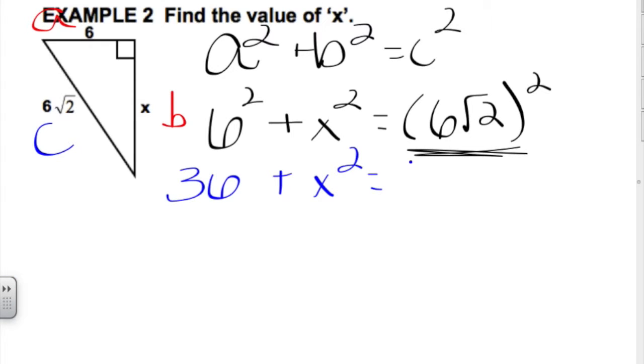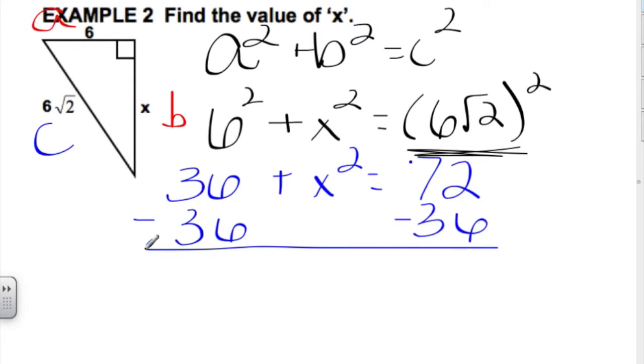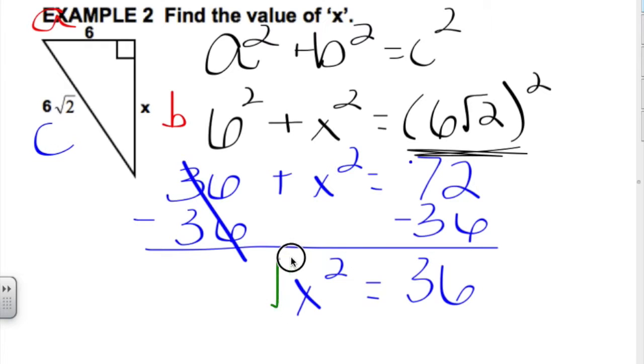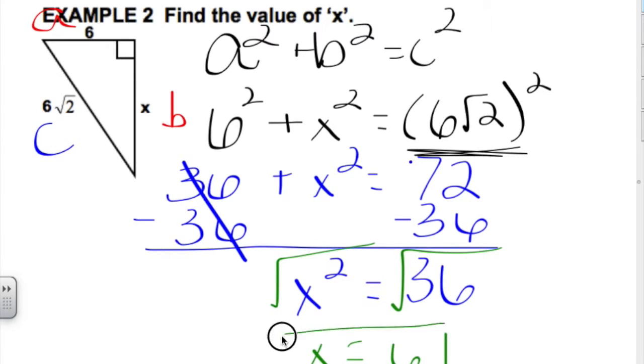So 36 times 2 is 72. Alright, now I'm going to subtract 36 from both sides. So I now get x squared equals 36. Remember, to undo a squared, you square root, so x equals 6.